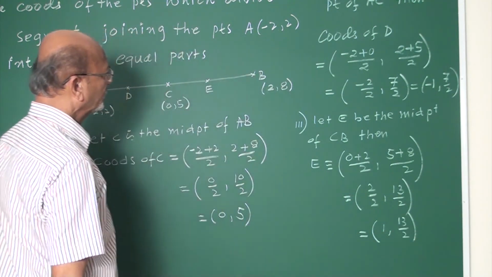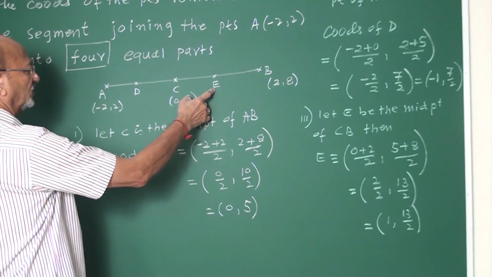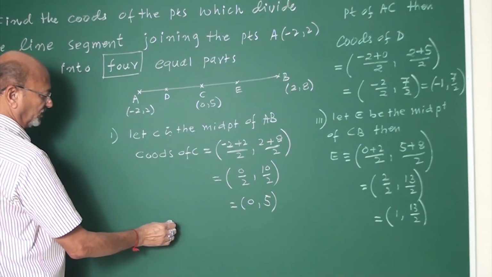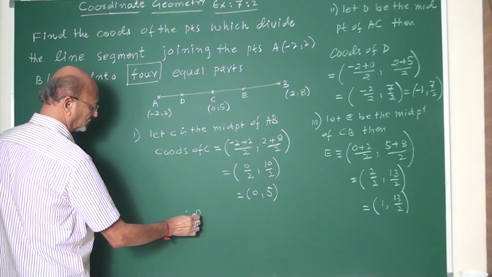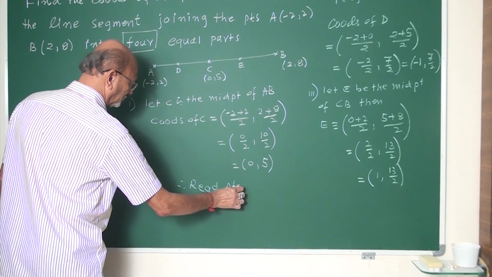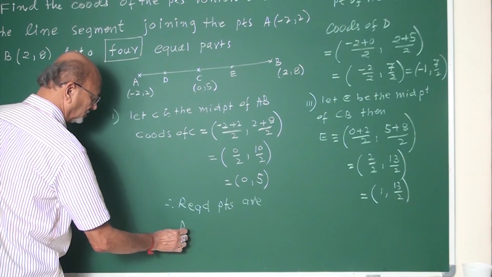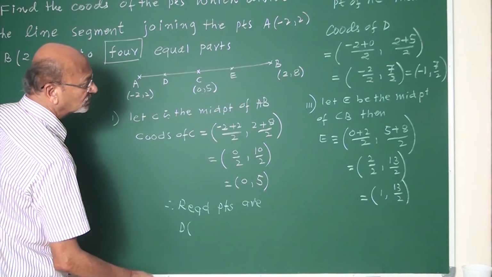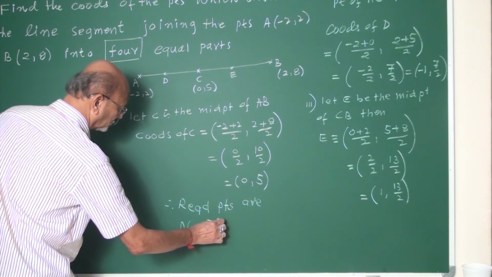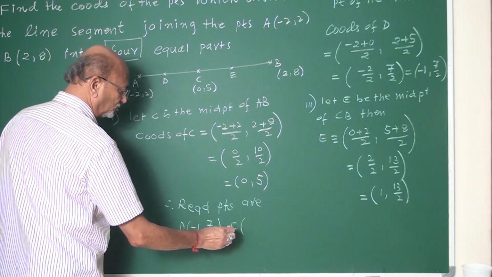What are the required points, my friends? 1, 2, 3. These are the required points. First D with coordinates minus 1 comma 7 by 2. Next is C, the point 0, 5.